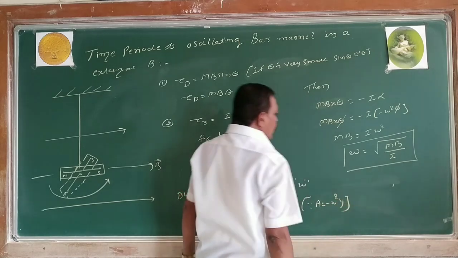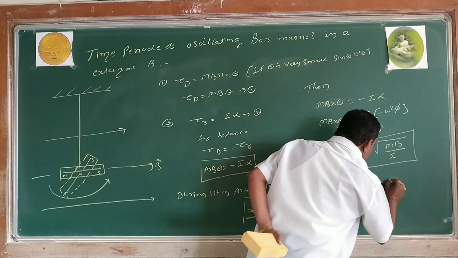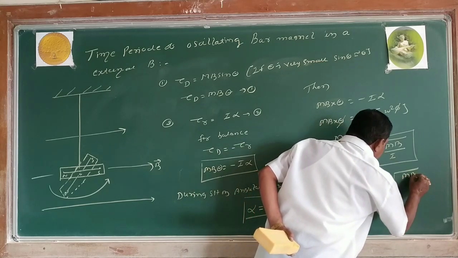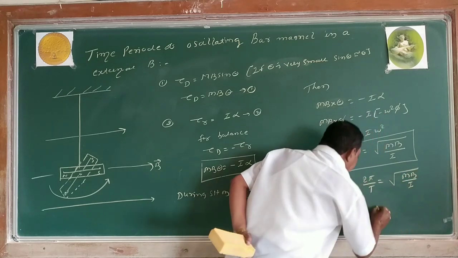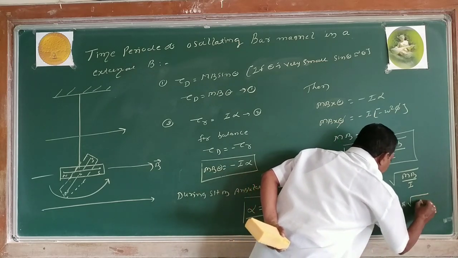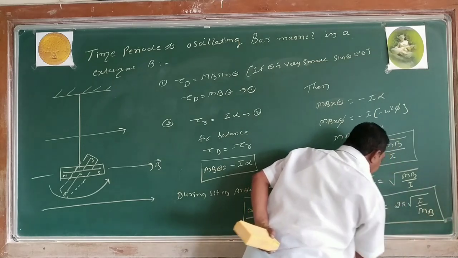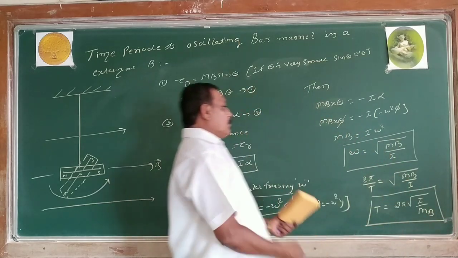Omega equals 2 pi by T equals under root of mb by I. I need T. T equals 2 pi under root of I by mb. This is your equation. Glance at the whole equation once more.